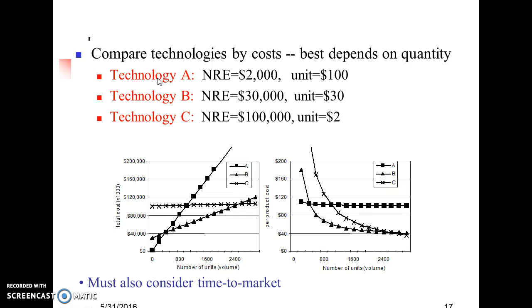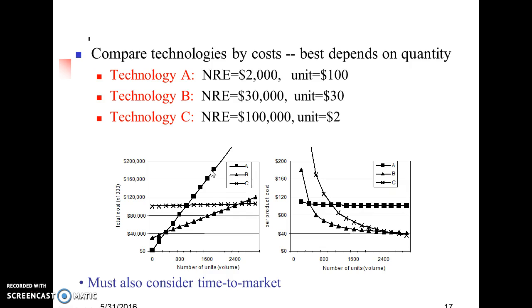If three technologies are given, let the first be technology A having NRE cost $2,000 and unit cost $100. Second is technology B having NRE cost $30,000 and unit cost $30. And third is technology C having NRE cost $1 lakh and unit cost $2. Compare these technologies.